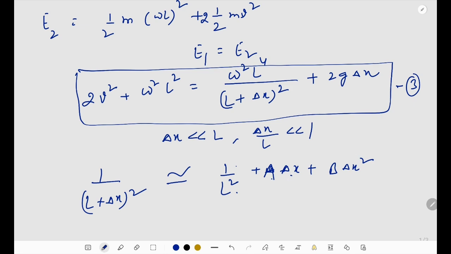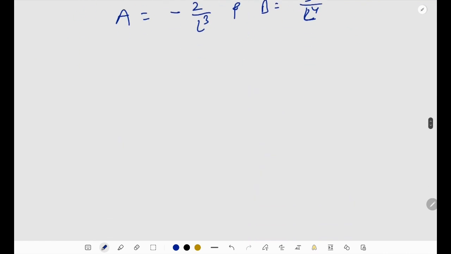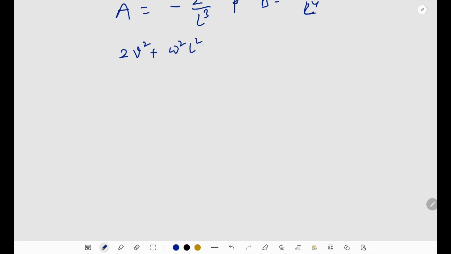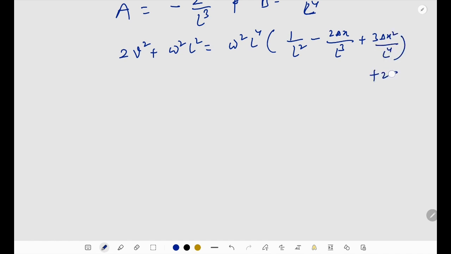You got the values of A and B, and you can put them all together to get 2b square plus omega square L square equals omega square L raised to 4 times 1 by L square minus 2 delta x upon L cube plus 3 delta x square by L raised to 4 plus 2g delta x. And simplify it.